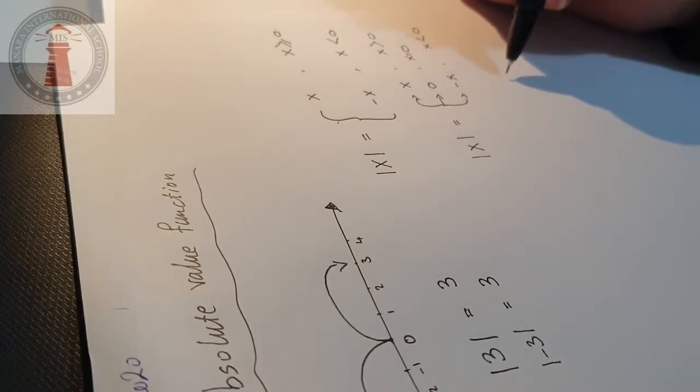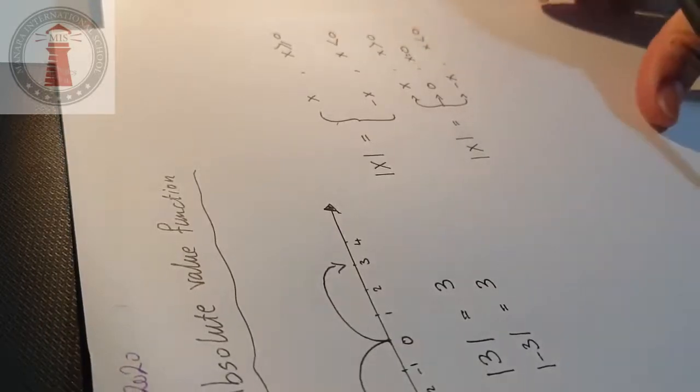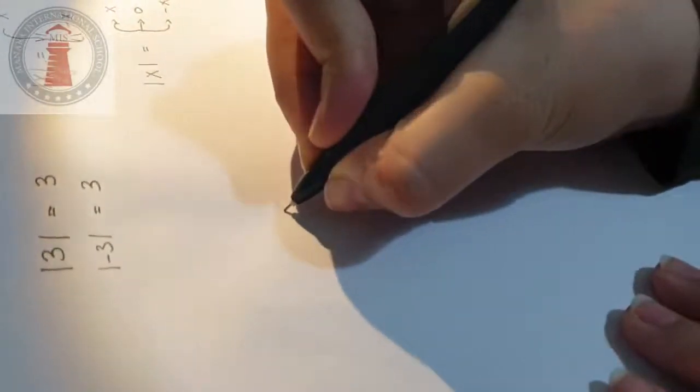So okay, let's talk about some properties that you might face, or you might need to use. Okay, now here, for example, the first property is a, which is just a number.